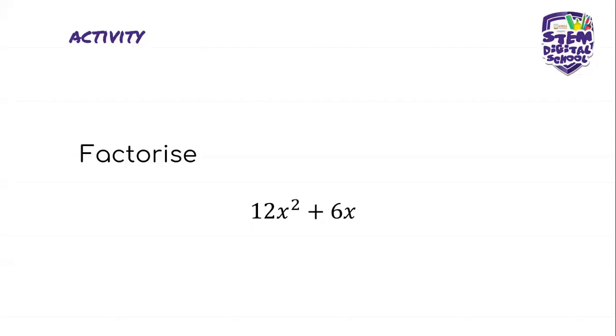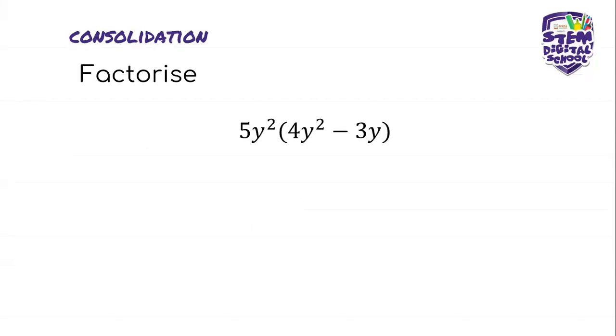And then the next one, of course, is to factorize the following. Let me give you a hint. In order to factorize this expression, please expand it first. In other words, multiply the 5y squared with everything inside the bracket. And thereafter, you can factorize.